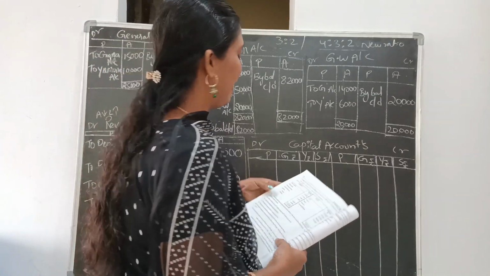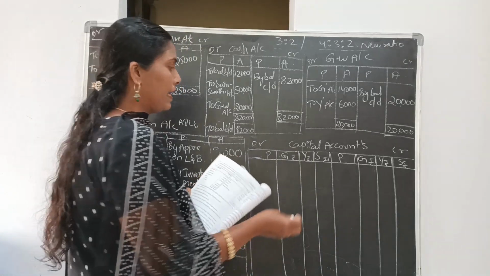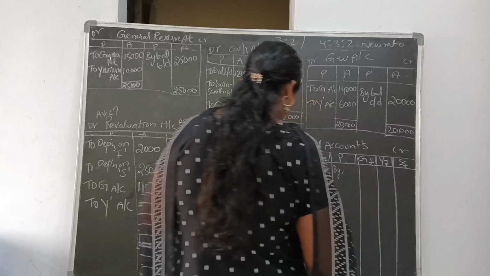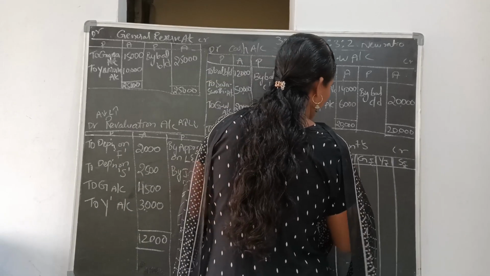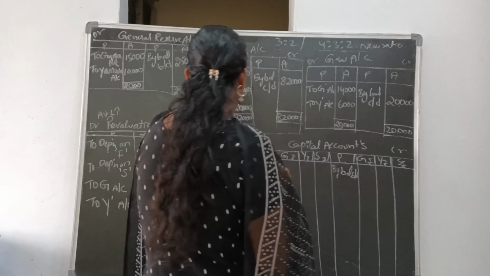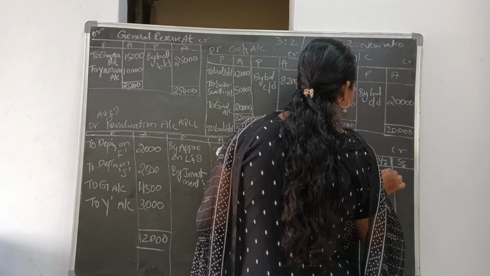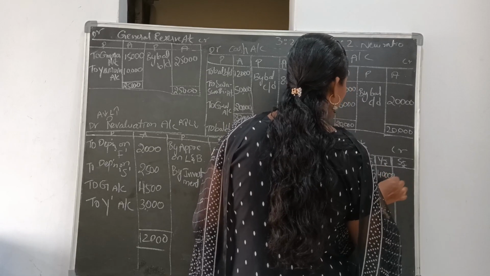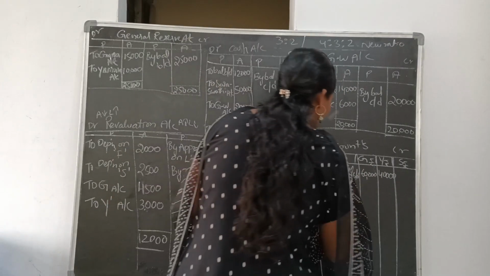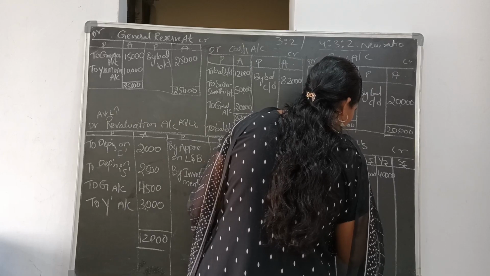So first in capital accounts we will start with the old capitals, by writing balance brought down. Old capitals are 60,000 and 40,000 respectively. What is the new capital of Saraswati?